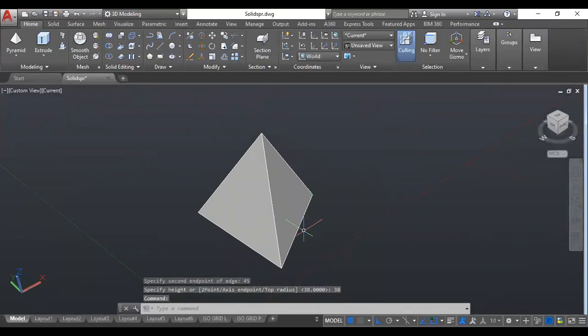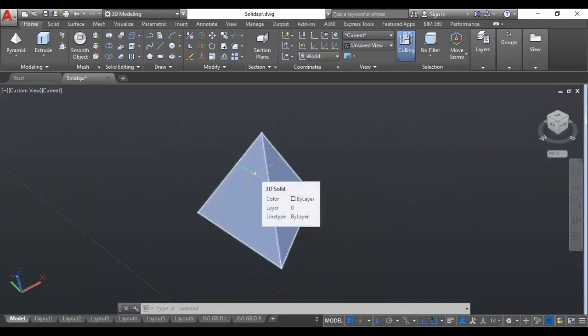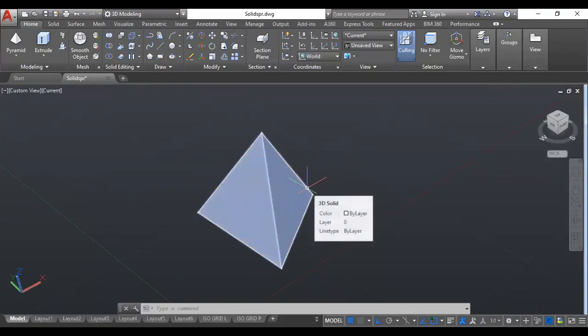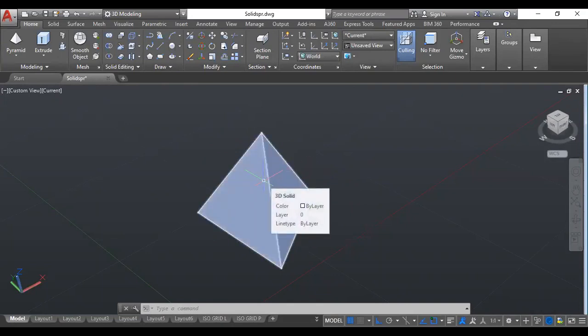There are four sides of a tetrahedron. The base is a triangle and all three faces are also triangles. It is something like your triangular prism, but the thing is that all four triangles are equilateral triangles. It means if the base triangle has an edge length of 45 mm, then the remaining three faces of the pyramid are also 45 mm only. So this solid is called a tetrahedron, meaning four sides, and all four sides are equilateral.